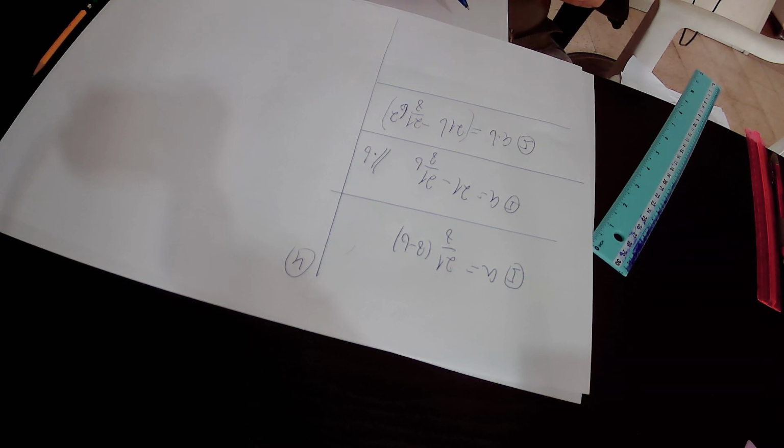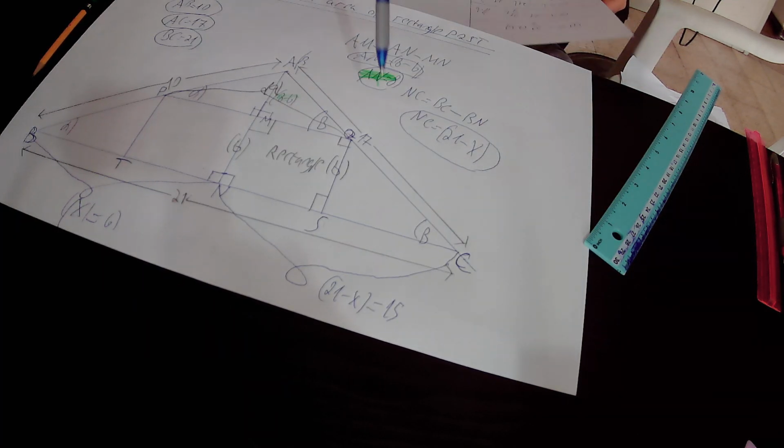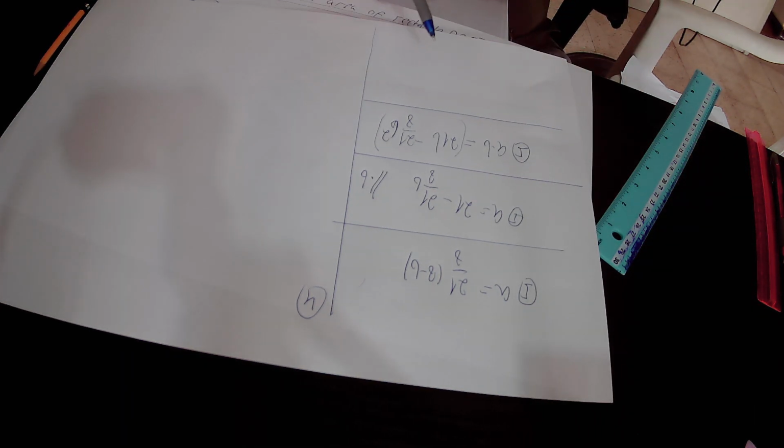Okay, so in order to find out the maximum extreme point of this rectangle PQST, we will differentiate the function, and then we will equate the derivative to 0.